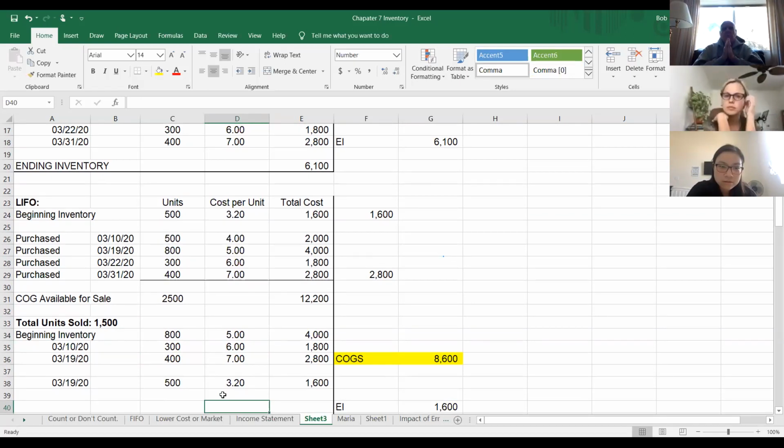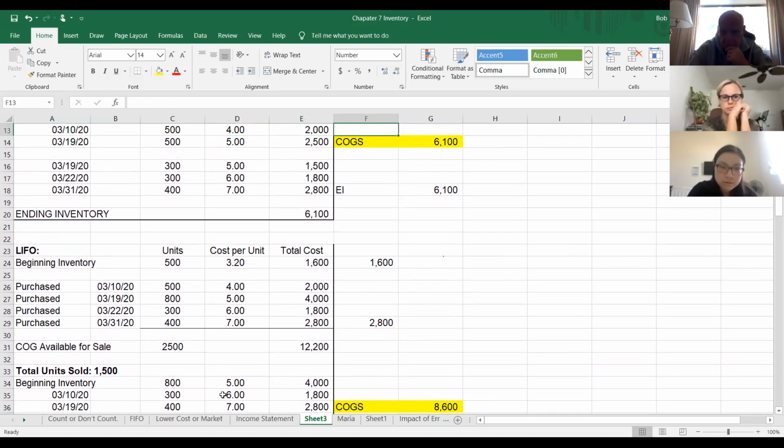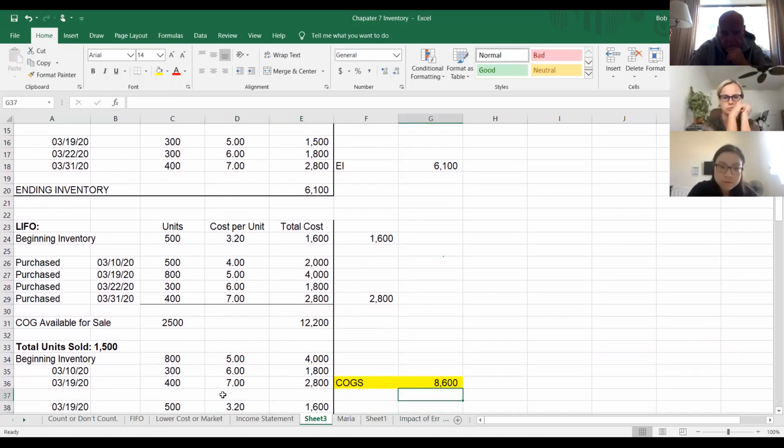Now, here's the important point of all this blundering. Your cost of goods sold under FIFO was 6,100. Look how much higher it was under LIFO.